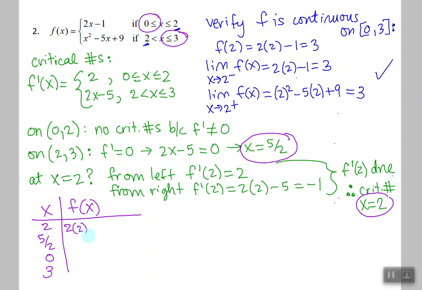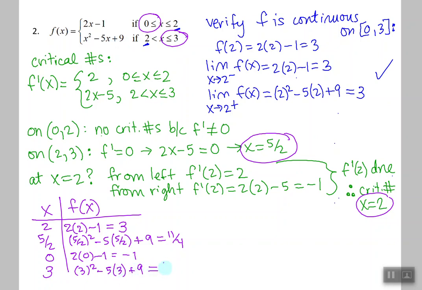So that'll be 2 times 2 minus 1, 4 minus 1, which makes 3. 5 halves is on that second interval. So that's going to be 5 halves squared minus 5 times 5 halves plus 9, and that equals 11 over 4. 0 is on the first interval, so 2 times 0 minus 1, which makes negative 1, and 3 is on the second interval, so that's 3 squared minus 5 times 3 plus 9, and that gives us 3.